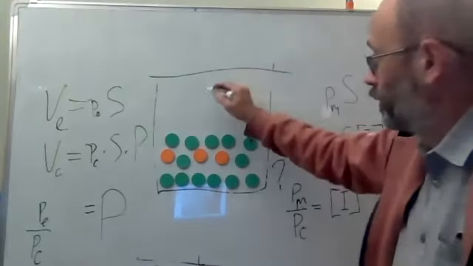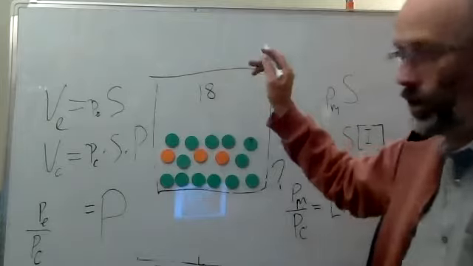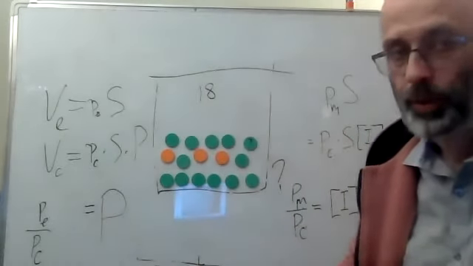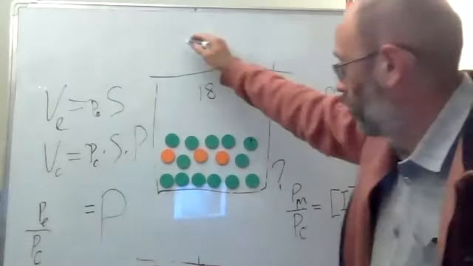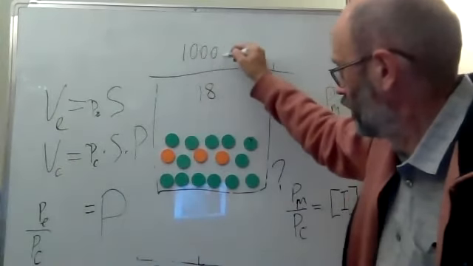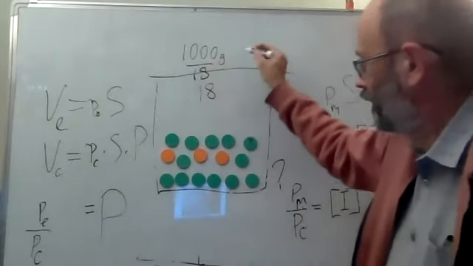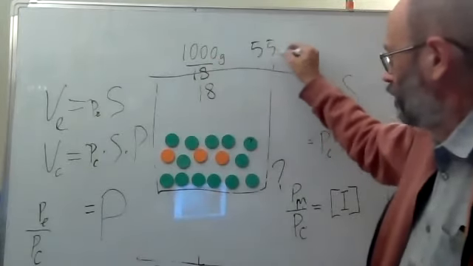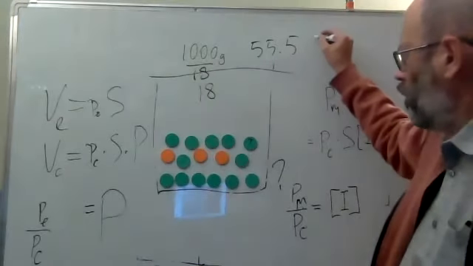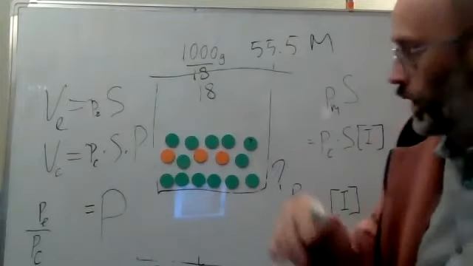It's easy to calculate. The molecular mass of water is 18. So that means the molarity of water is 1,000 grams divided by 18. It is roughly 55.5 moles of water in 1 liter of water.